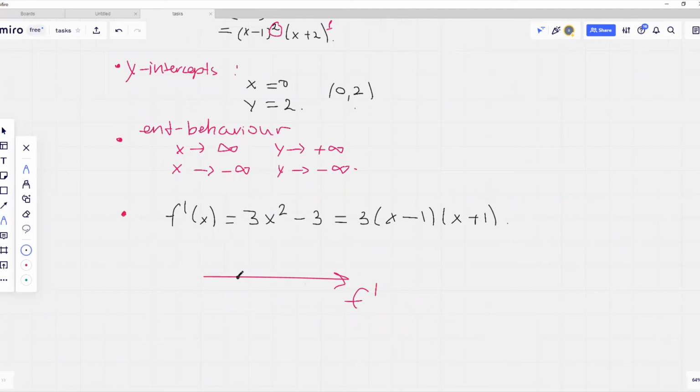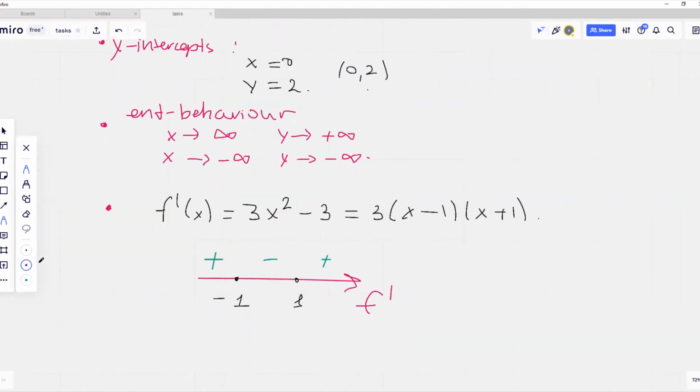So we have two stationary points at minus 1 and 1. The multiplicity of roots here is odd. If we substitute plus infinity, this is plus, this is minus, this is plus. So our function is increasing from minus infinity to minus 1, then it decreases from minus 1 to 1, and then it increases again from 1 to plus infinity.